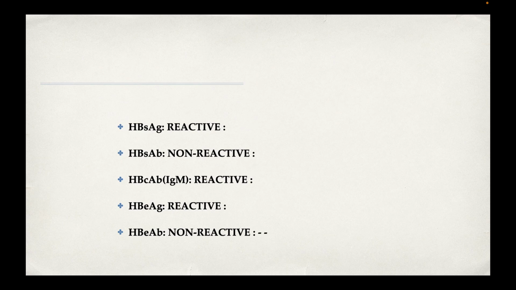This tells us that once the hepatitis B surface antigen is reactive, the patient is having an active infectious process going on. And once the patient does not have hepatitis B surface antibody present, we say the person is not immune. However, the person is having hepatitis B core antibody to immunoglobulin M positive.